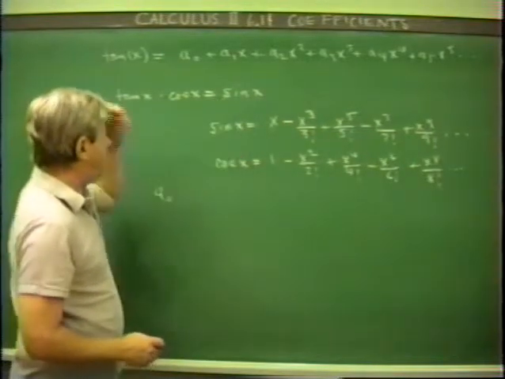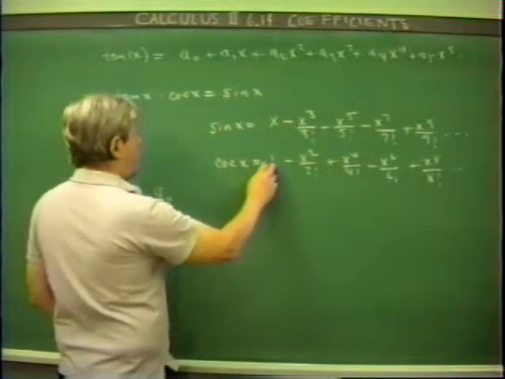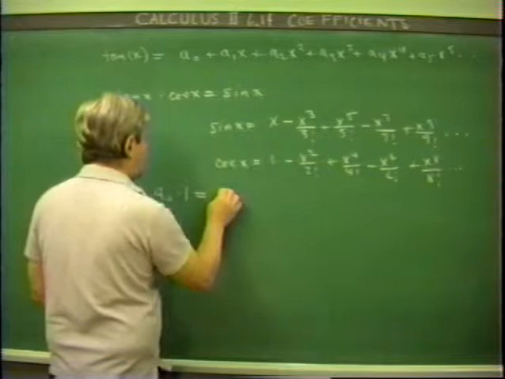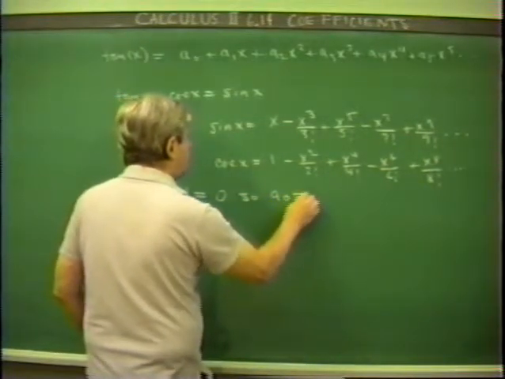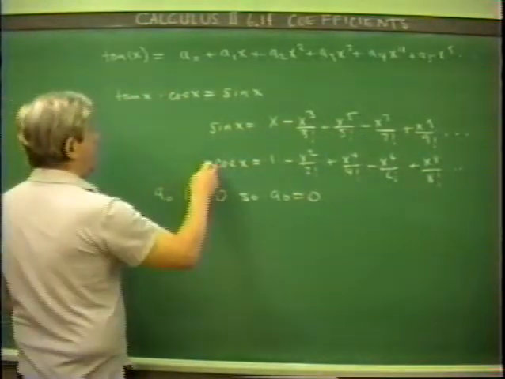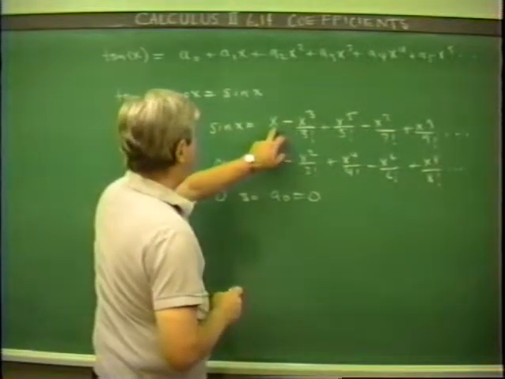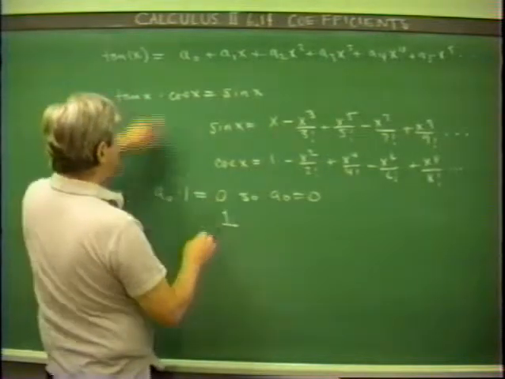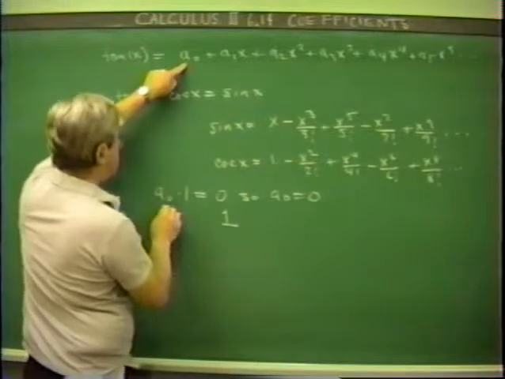a0 here is the constant term, so that a0 times cosine x is going to give us sine x. So if we take a0 times cosine x, the constant term is going to be a0 times 1, and this is supposed to be the constant term in sine x, which is 0, so a0 is equal to 0. Let's look at the x term in cosine x.